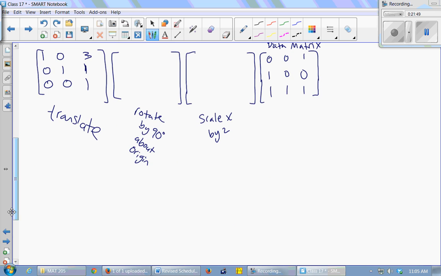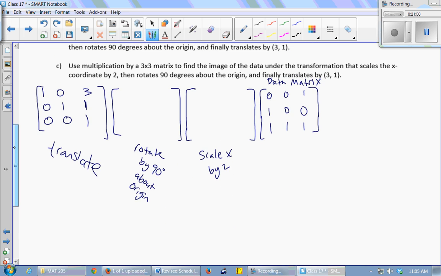So I know that these are going to look like this. And then I need to fill in the remaining spot with the standard matrix for that linear transformation. Rotate 90 degrees about the origin.